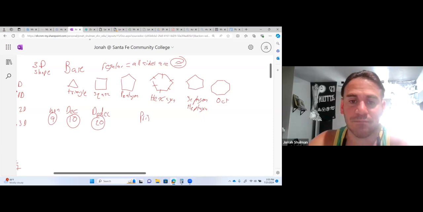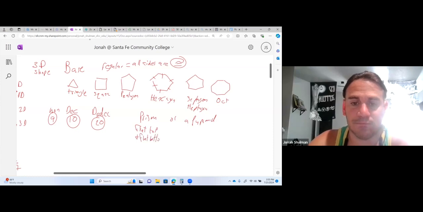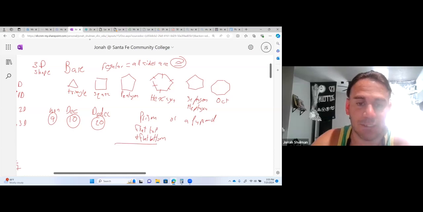But basically we always name it by the base, and then for 3D shapes, they're either going to be a prism or a pyramid. Nothing too crazy. So the prism means we have a flat top and a flat bottom. So basically, it's just built of rectangles. So they're made up of rectangles.